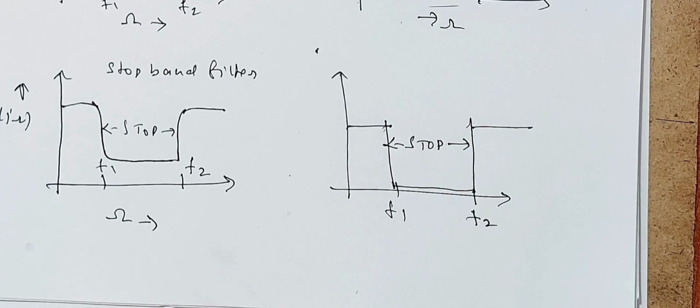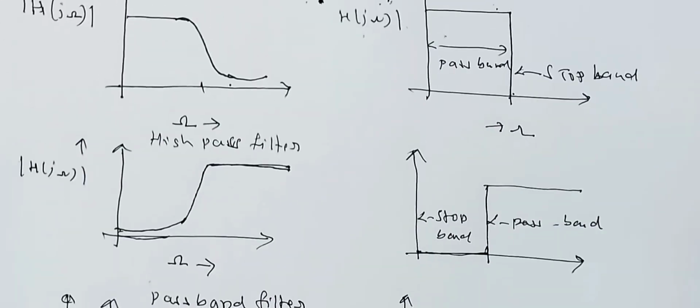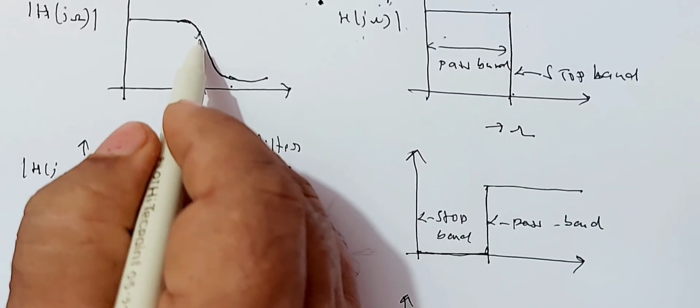So analog filters are classified according to their magnitude frequency response, the nature of the graph, and depending upon the cutoff frequency. Cutoff frequency is that frequency at which the output voltage changes. See this in this figure. This is the cutoff frequency.